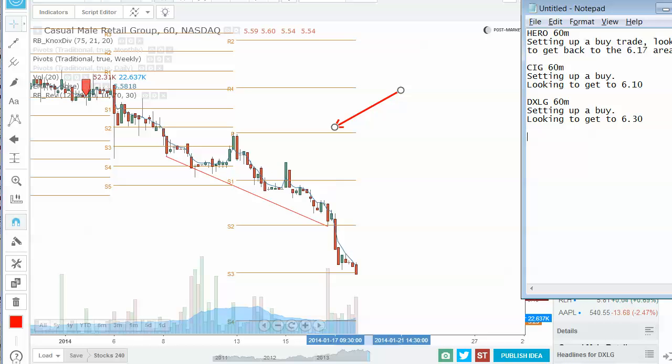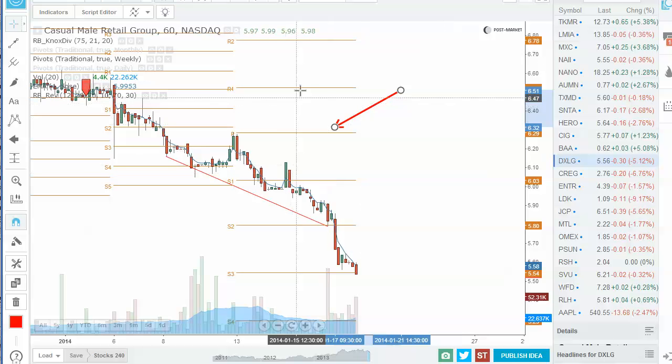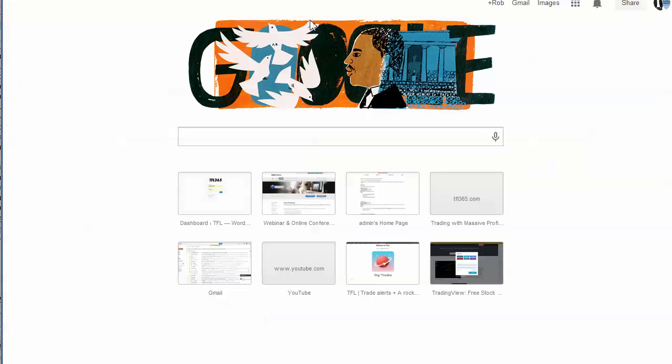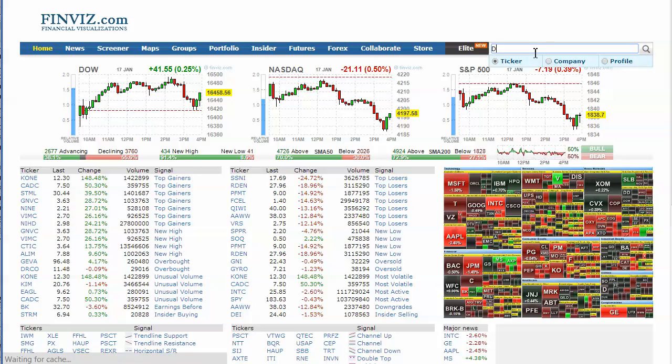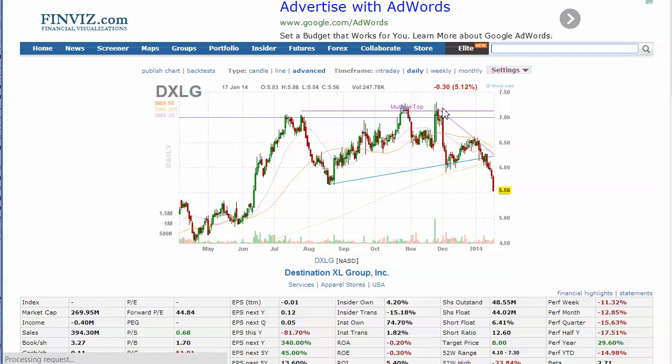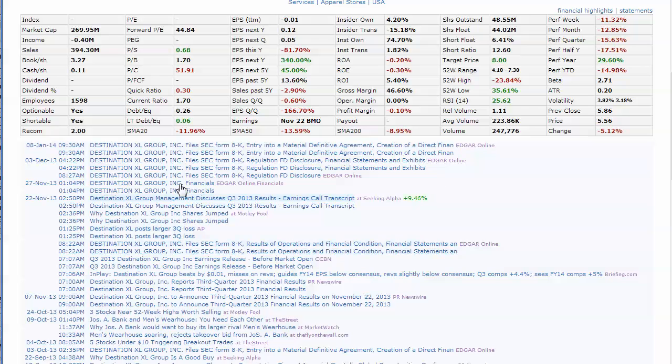So I'm building this watch list, and I'm going to save screenshots as I go. And then what I'll do next is I'll jump over to a site like FinViz, and I'll throw in that ticker, DXLG, for example, and I'll scroll down. It files an SEC Form 8-K entry into a material definitive agreement, blah, blah, blah.